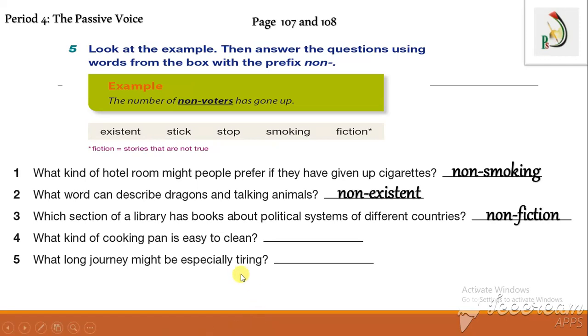What kind of cooking pan is easy to clean? Yeah, non-stick. What long journey might be especially tiring when it is non-stop? So, non will give you the words' opposite meaning. Stop, non-stop. Stick, non-stick.